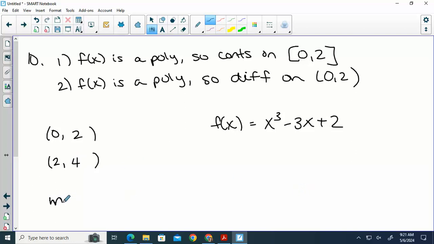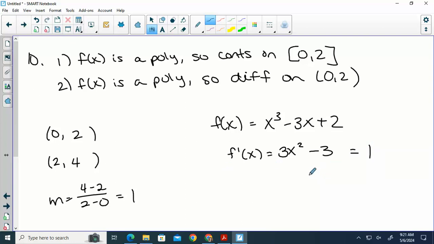The slope between those, y2 minus y1 over x2 minus x1, is 1. So then our derivative has to equal 1. Is everybody with me so far?